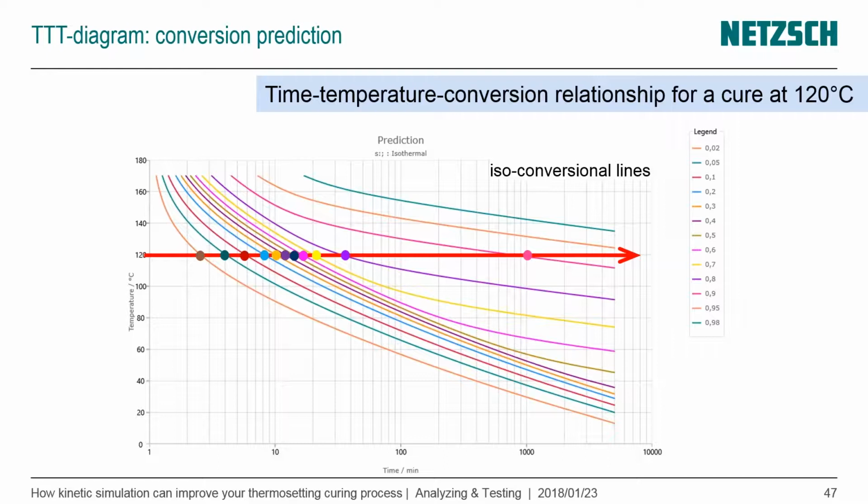That's the customer requirement. So it's the pink line on the right side and the pink dot. So at 120 degrees, it's nearly impossible for the customer to process this material because it takes 1,000 minutes of processing and curing.